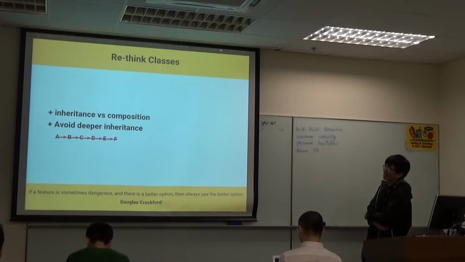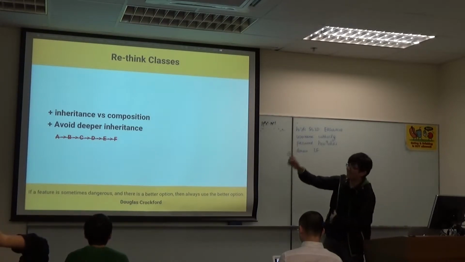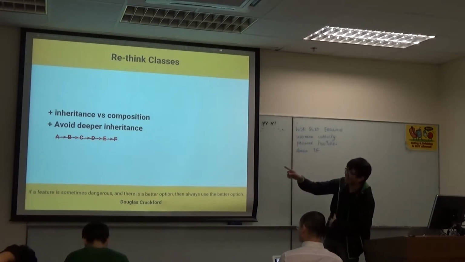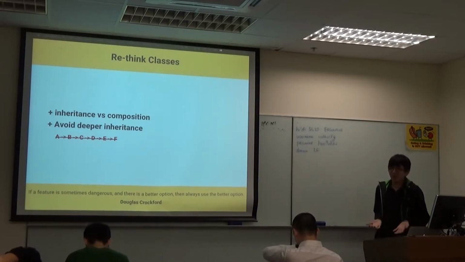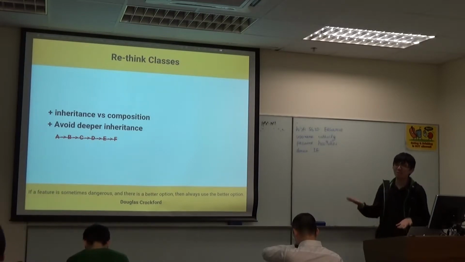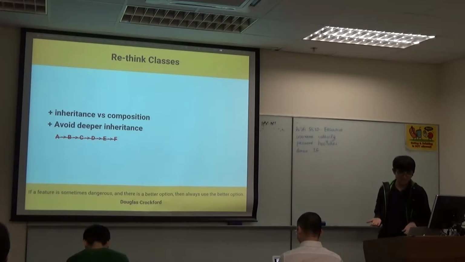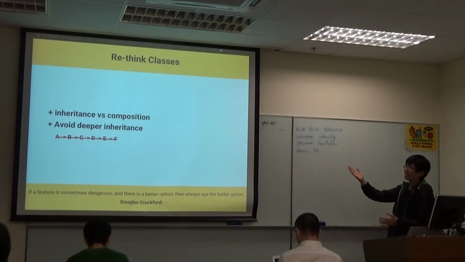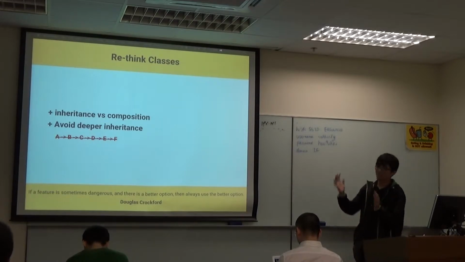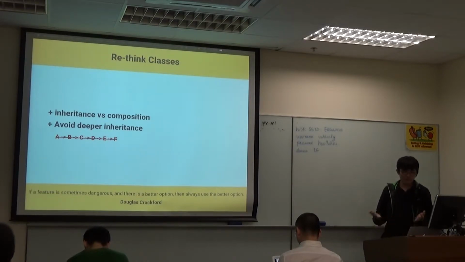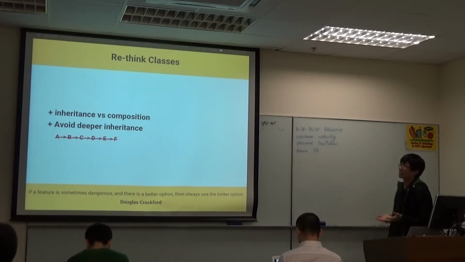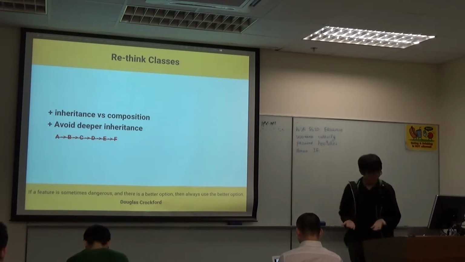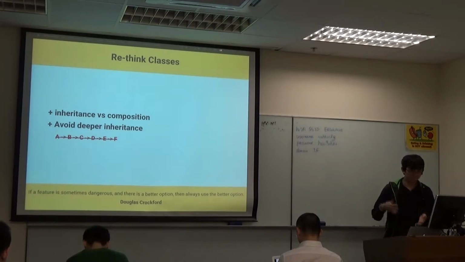That means I don't recommend something like B extends A, C extends B, D extends C, E extends D, F extends E. Otherwise, when your project gets bigger and bigger, when you want to change your root component, it will be painful because all those children extended from the root component will also change. So for your own good, try to keep the depth of inheritance no more than 1, and keep a simple hierarchy.